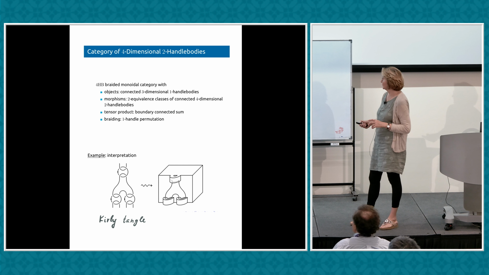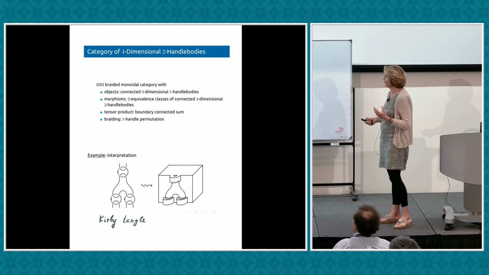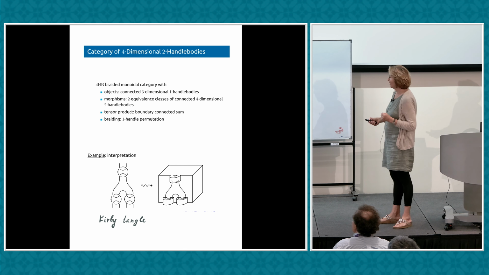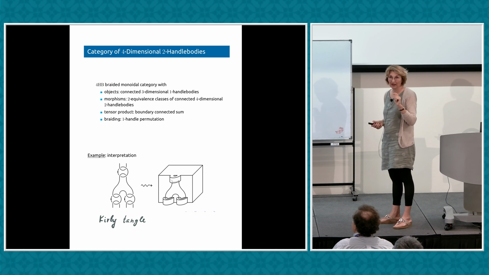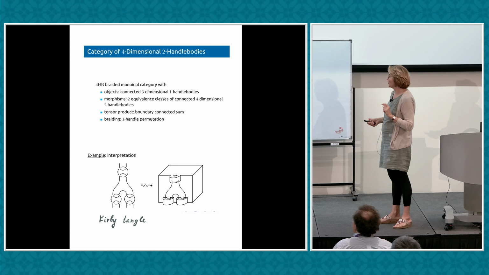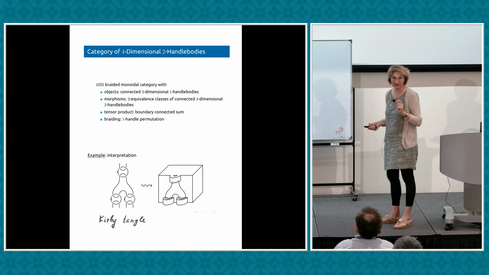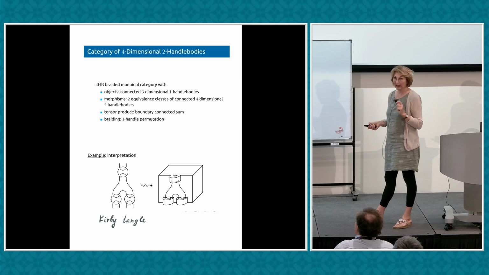So you consider this as a cube. You attach solid 1-handles upstairs and downstairs, and on the front boundary of this cube, you draw the attaching maps for the 2-handles. You can also summarize this whole picture in a Kirby diagram. This is how usually people represent such 4-dimensional 2-handle bodies.